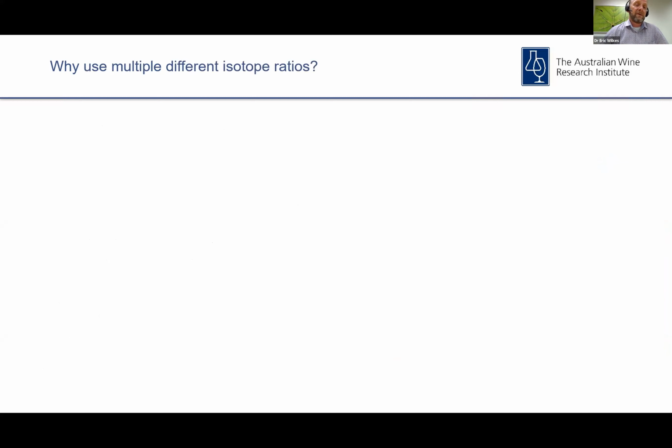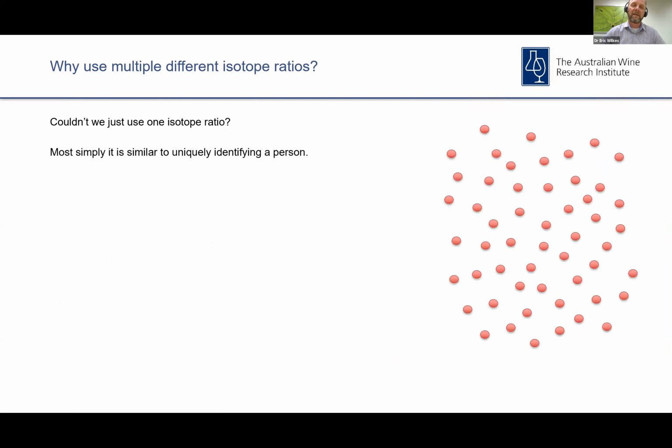So why do we use multiple different isotope ratios? Couldn't we just use one? And quite often, lots of research studies have used just one and rely on that to give an idea of where a wine is from, or to show that a wine is unique. And I think the easiest way is just compare it to how we identify a person, such as myself.